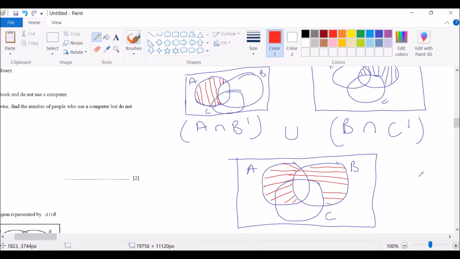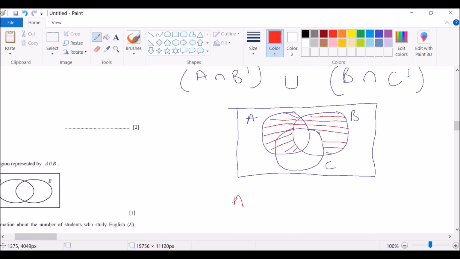That's how we combine this and that. Okay. Now we have our A intersection B complement union B intersection C complement. So we start with this set, then go to that and find how we can unite them. All right, so that is our solution.